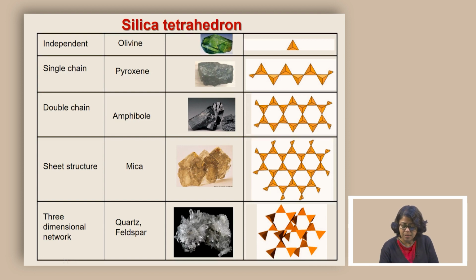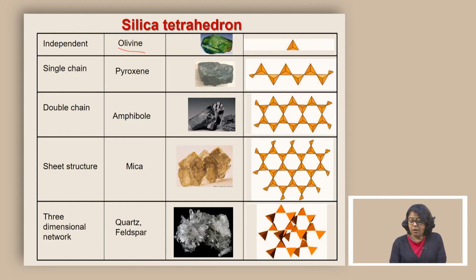It still has these unbalanced charges, which are balanced by other metal ions, calcium, iron, magnesium, and that creates a mineral structure of independent silica tetrahedra balanced with metal ions, which is the common composition of olivine. Depending on which metal ions attach to the silica tetrahedra, it also gives you the compositional variability of the olivine.